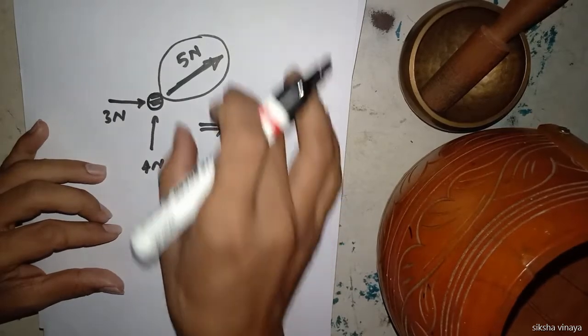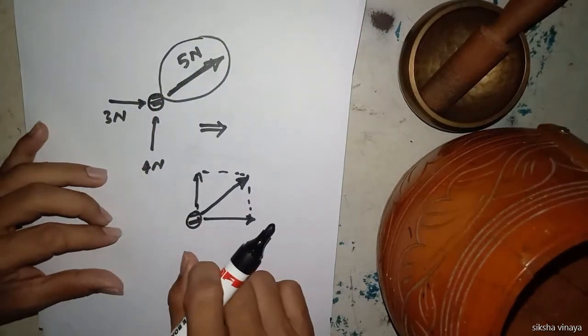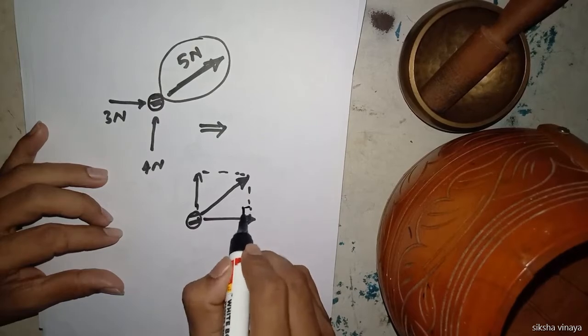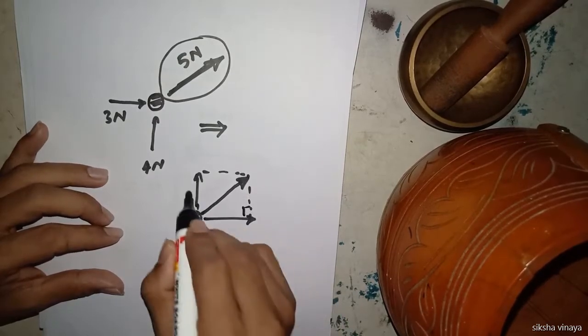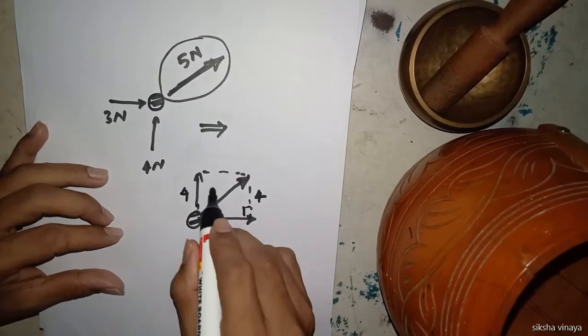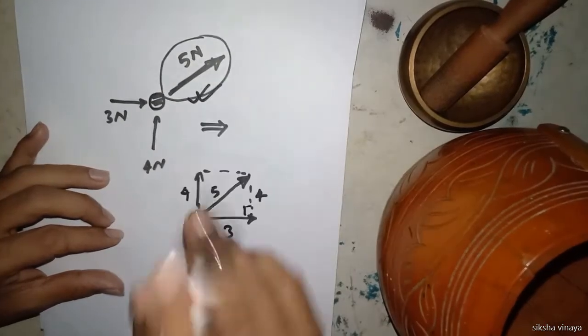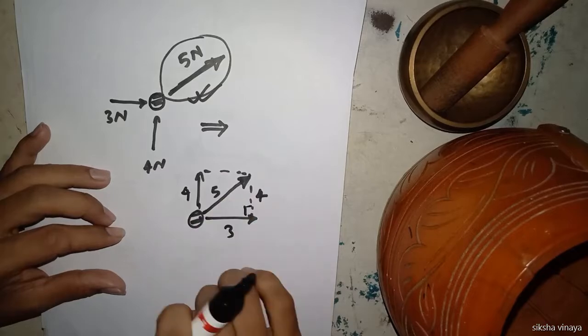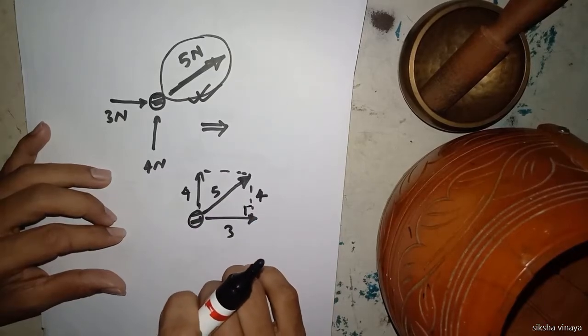So you can see here this appears like this, and now this is 90 degrees. This is a parallelogram, so this 4 also becomes this 4 and this 3. So it becomes 5. So the answer is similar to this. Have you got my point?